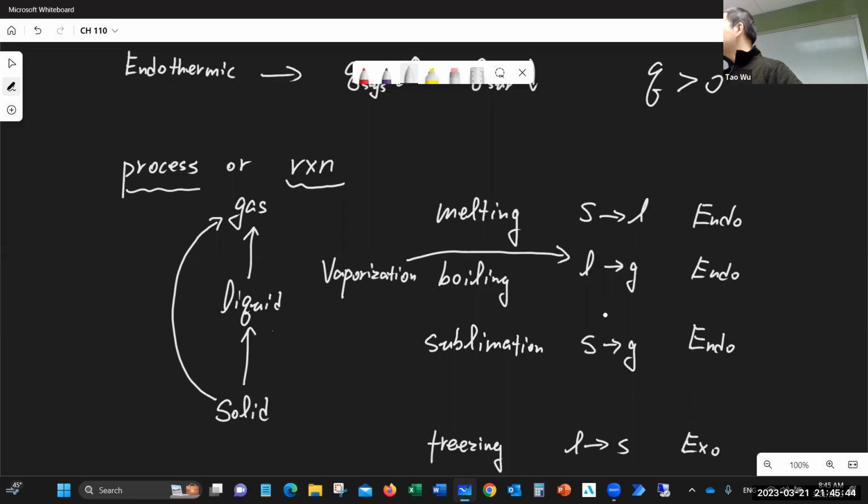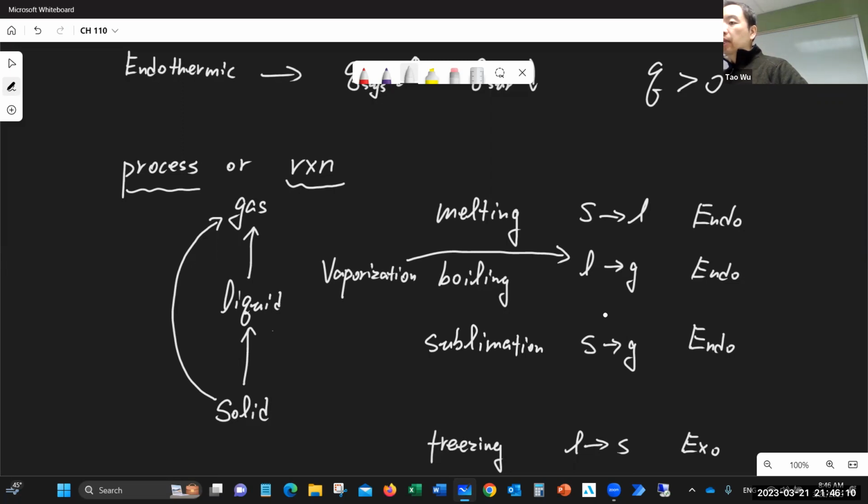So the behavior is quite different from gas, liquid, and solid. That's why in Chem 1 we're not talking about this topic. It doesn't mean it's not there. Plasma is also one kind of state, but in Chem 1 we're not talking about plasma.